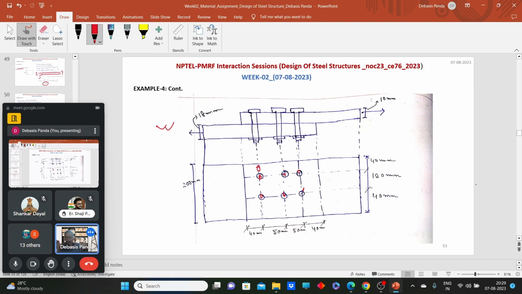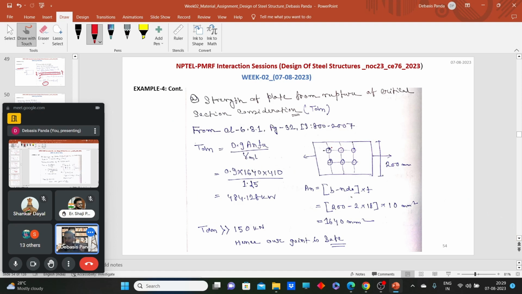So we have to check with respect to the plate, because until now we have designed the connections considering the strength of the bolt, not considering the strength of the plate. So now we have to check against the plate strength. First we need to consider the TDN. TDN we can calculate from this clause. Here I have provided 2 in a row.